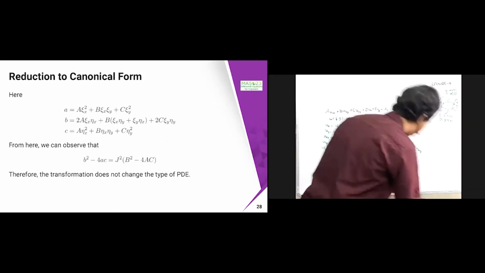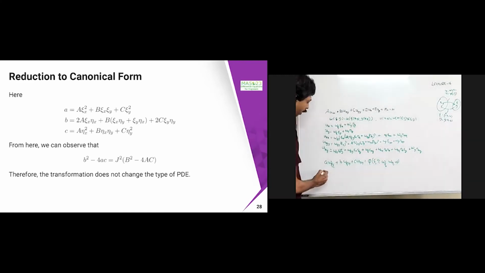So therefore, here you can see what is A? A is going to be the collection of W chi terms. So W chi is appearing in all these terms. Therefore you can substitute it over here: uxx, uxy, uyy. These three terms you are going to consider.